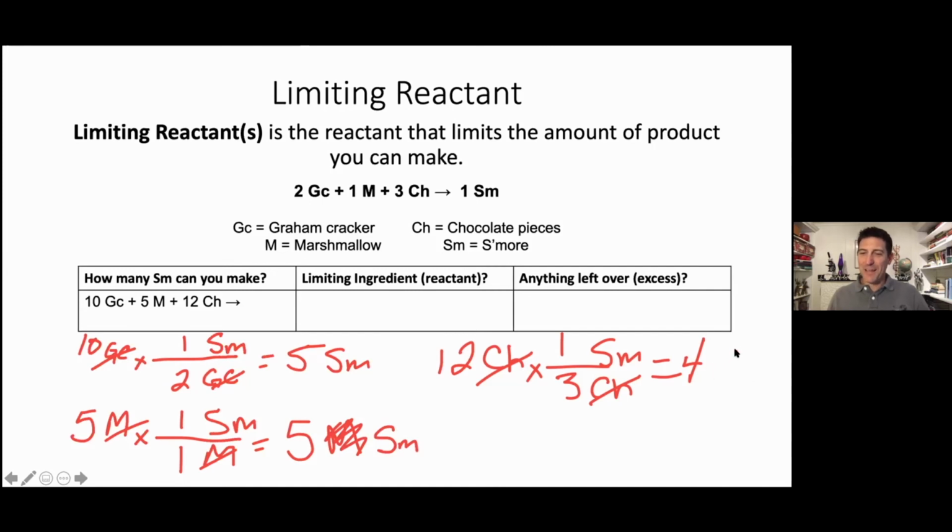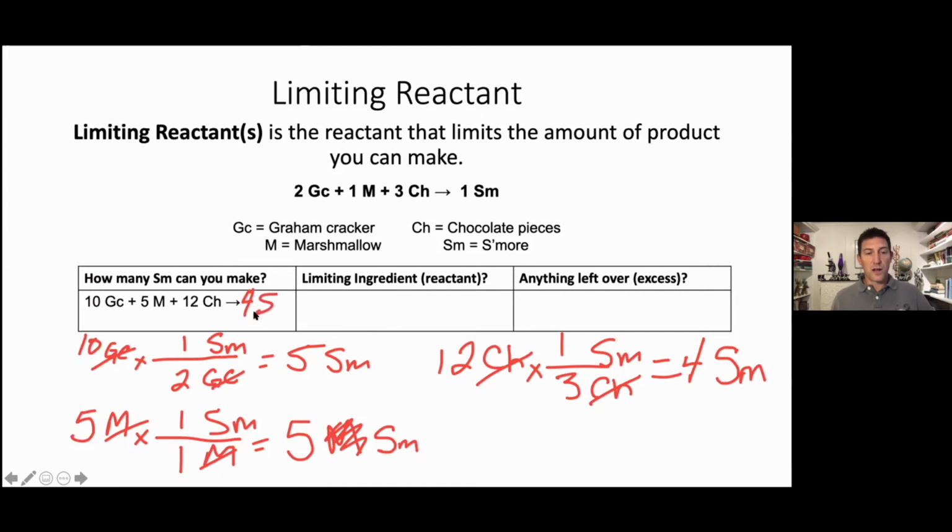That happens sometimes. Sorry, I figure I better correct that now since I noticed it. 4 s'mores. Well, look, here's what this means. That I've got 12 chocolate pieces is only going to allow me to make 4 s'mores. And just because I have enough to make 5 s'mores of all of these things doesn't mean I can make 5 s'mores. I can't. Because right here, I only have enough to make 4.